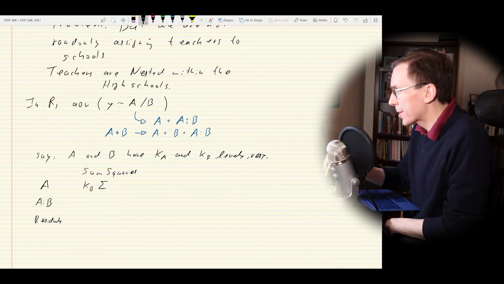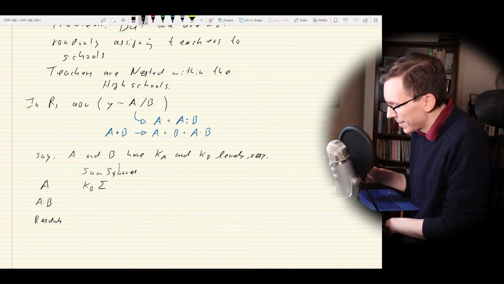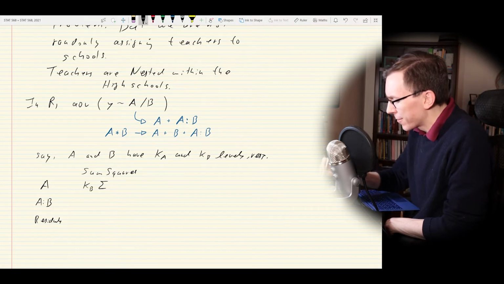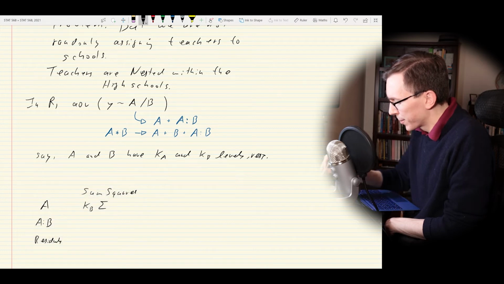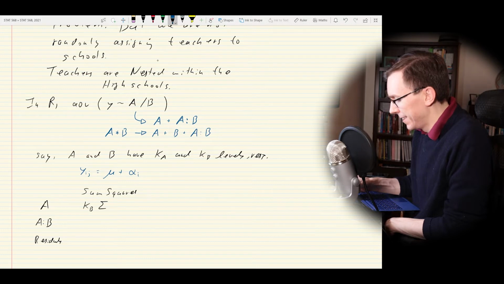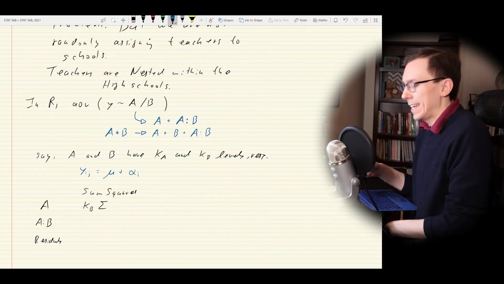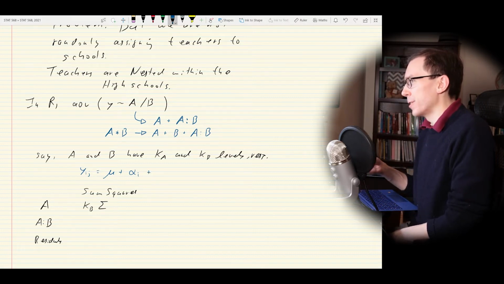But actually, I never wrote down the actual model. I should probably have written that down. Sorry. Let's write that down first, just because I think it'll be a little clearer. So we'll make a little bit of room here, and then we'll write down the model, which in this case will be Y_ij is going to be the global mean mu plus alpha_i, the ith effect, the ith level of A. And then we're going to have an interaction term in some sense.